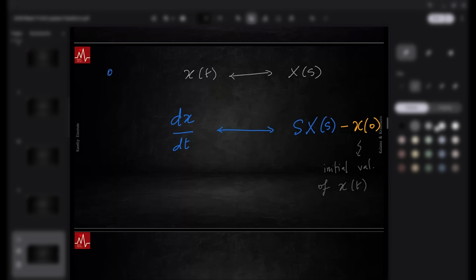Often this is set to 0. If it is not set to 0, you want to make sure that term shows up. In a differential equation, the initial value will show. The first derivative, at least, most of you know.